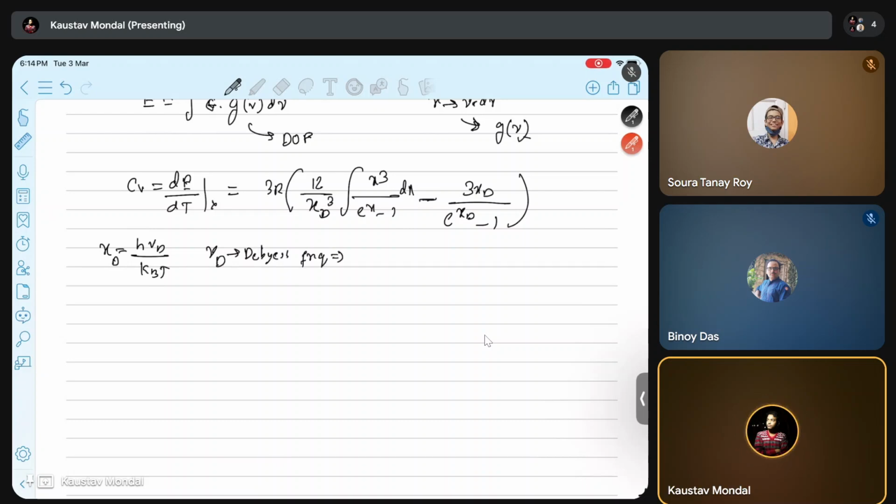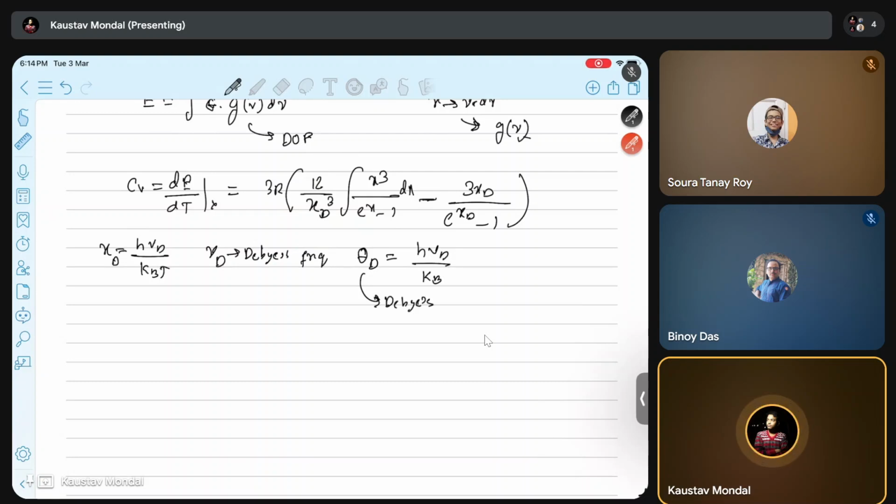That is given by the Debye's frequency, and xD is h nu D by kT. There is also a new thing, theta D, which is the Debye's temperature, given by h nu D by k.